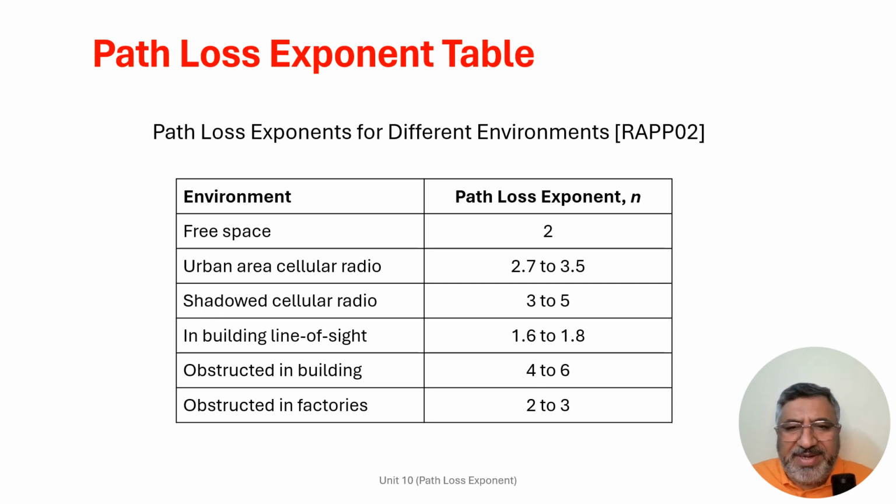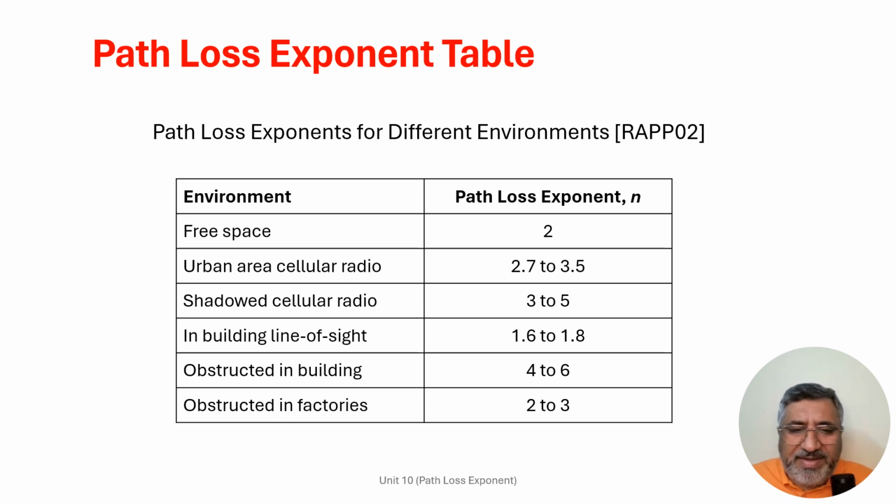In some environments, the path loss exponent can reach a value in the range of 4 to 6. On the other hand, a tunnel, which practically acts as a waveguide, results in a path loss exponent less than 2.